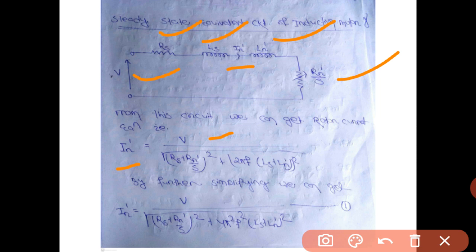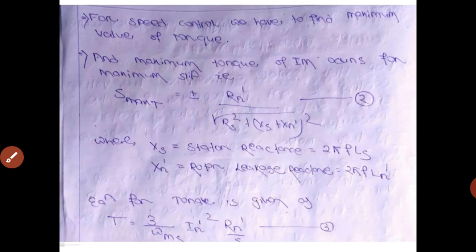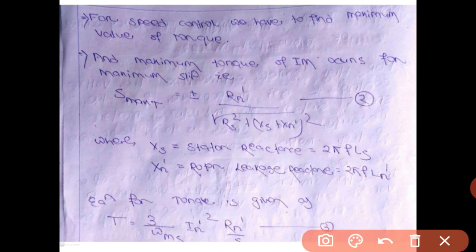By further simplifying this equation, we get Ir' = V divided by the square root of (Rs + Rr'/s) whole squared plus 4π²f²(Ls + Lr') whole squared. For the speed control, we have to find the maximum value of the torque, and the maximum torque of the induction motor occurs at the maximum slip.